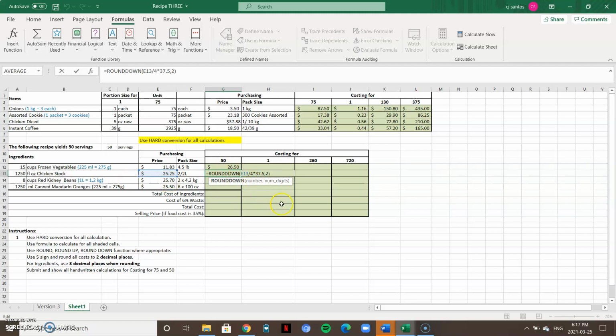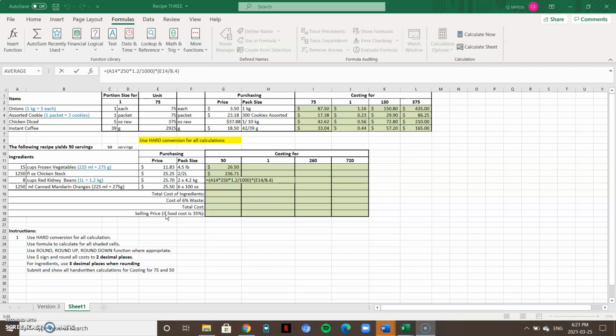So 1,250 fluid ounce times 30 ml hard conversion, and that would equal 37,500, and then I would divide it by 1,000, and that would equal 37.5, and I would put a comma 2 and a round down function, and that would give me $236.71.